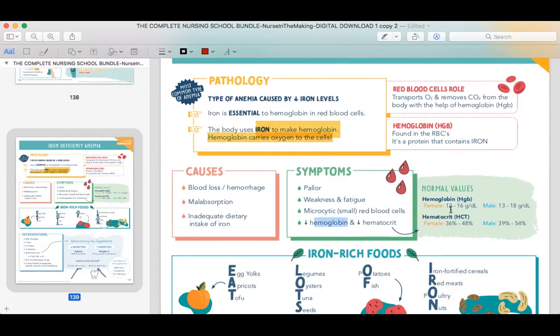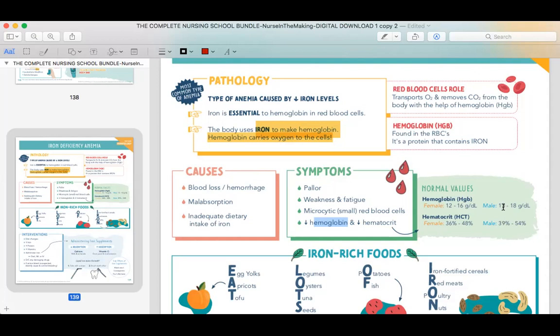So these are your normal values. Please make sure you know your hemoglobin and your hematocrit. The only way I remember it is because hemoglobin reminds you of a goblin. So think of little kids, so little numbers. Female 12 to 16 and male 13 to 18. But I remember Mr. Moria had it a different way.